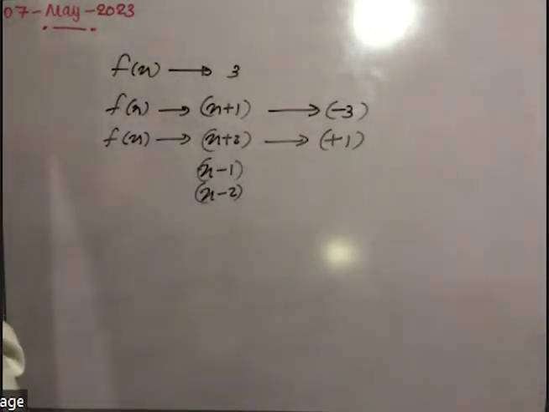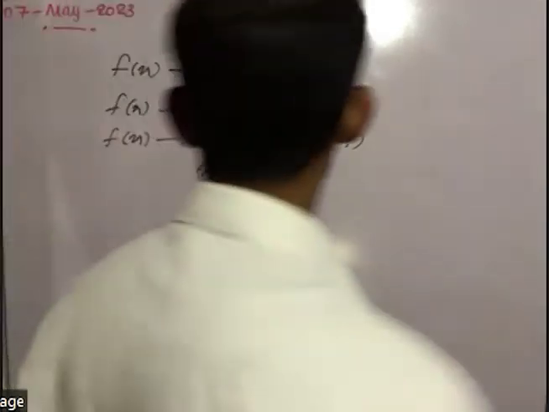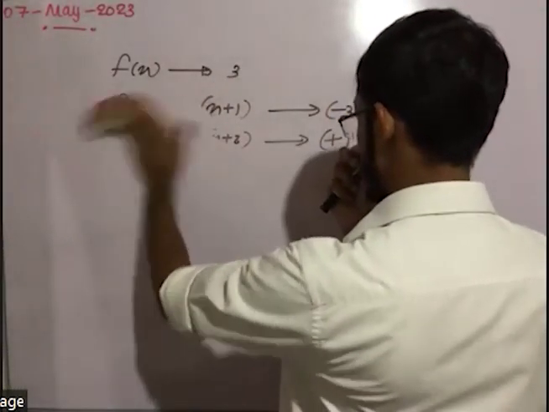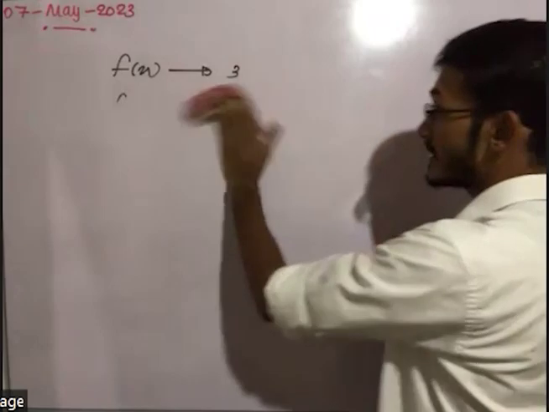Okay. Now they have given that fx is a polynomial function of degree 3, right? Degree 3 means the maximum power of x is x to the power 3.